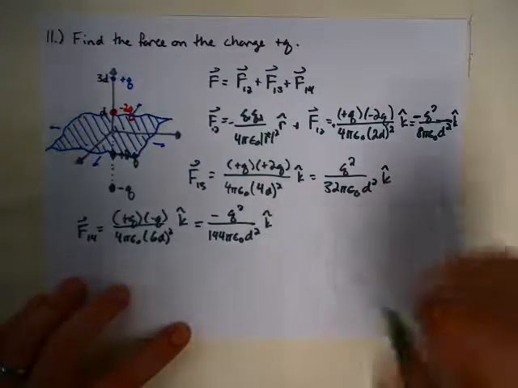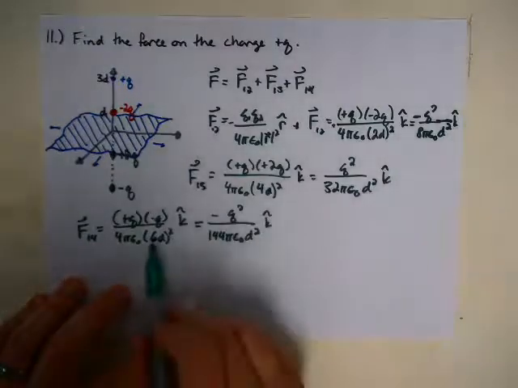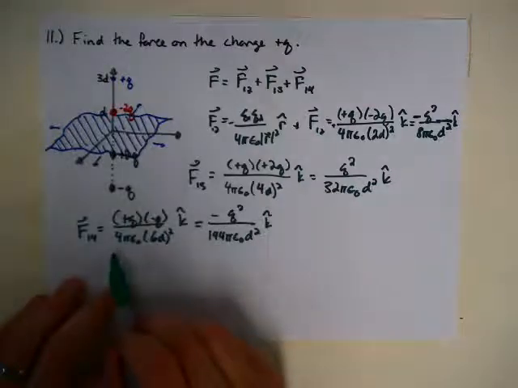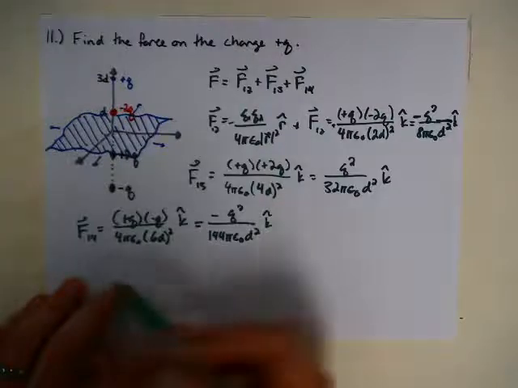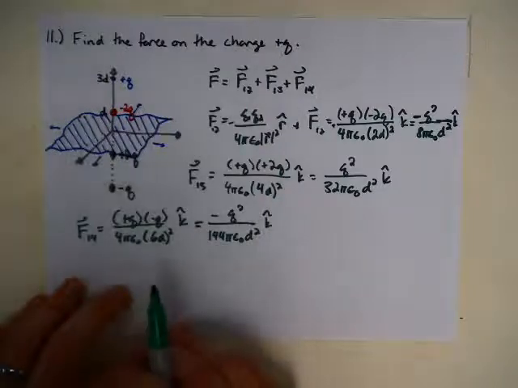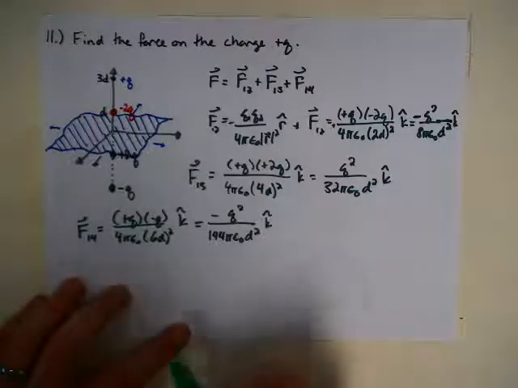Anyways, 6 squared is 36, and 36 times 4 is 120 and 24, so 144. 144 divided by 4 is 36, divided by 4 again is 9, so it'll be 9.